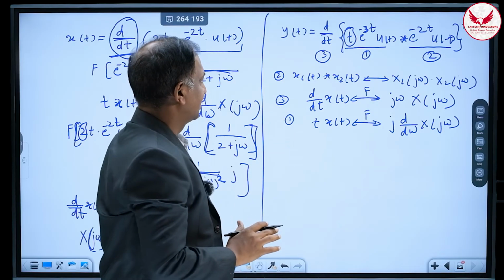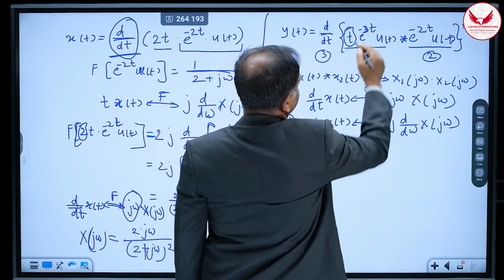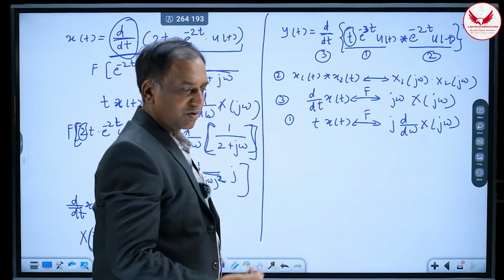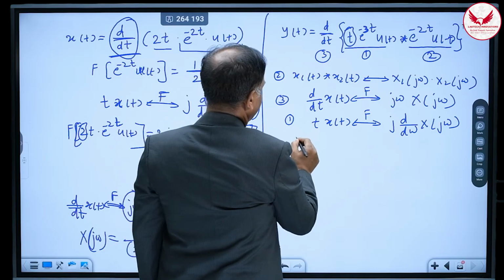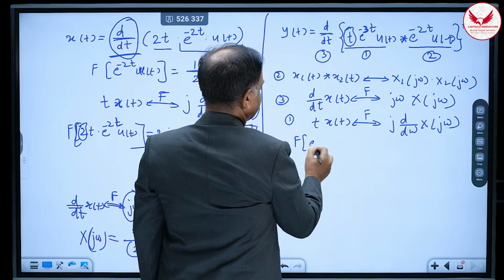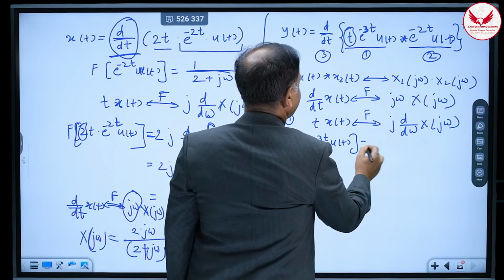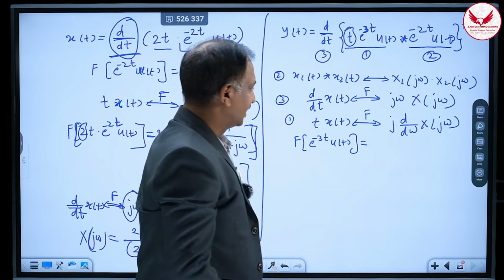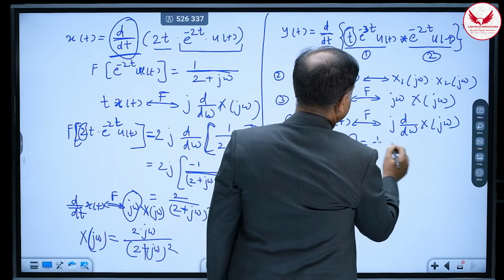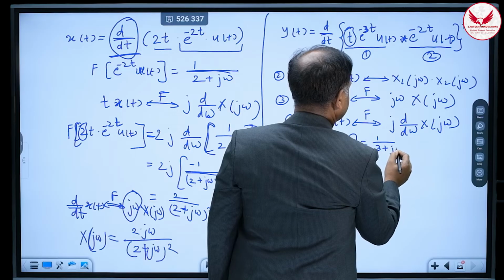First, you specify. Now we will see t into e raised to minus 3t u of t. The Fourier transform of e raised to minus 3t into u of t, this we have seen already: e raised to minus a t u of t is 1 upon a plus j omega, that is 1 upon 3 plus j omega.